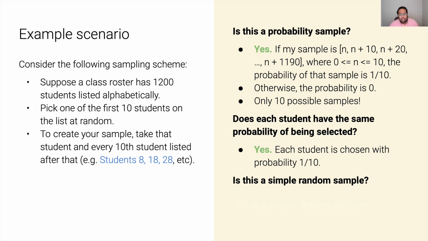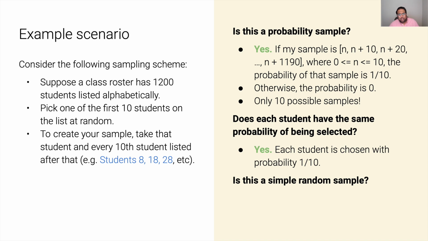So, for example, what is the probability that students 8 and 18 are both chosen? They both are chosen with probability 1/10, because if student 8 is chosen, then 18 will automatically be chosen, and 8 is chosen with probability 1/10. So the probability of 8 and 18 occurring in my sample is 1/10.